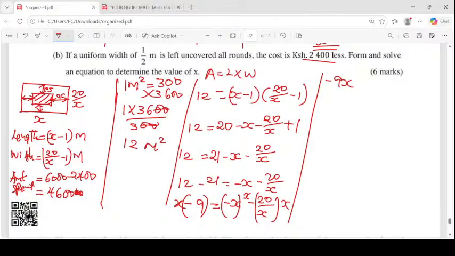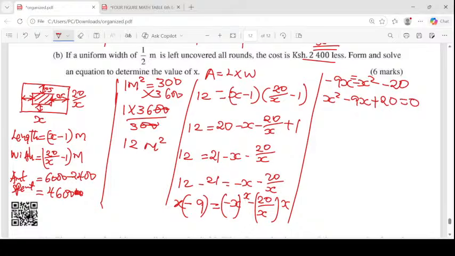Negative x times x will become minus x squared, then minus 20. So this is like saying x, I had an equal sign. x squared, when it goes there, x squared minus 9x plus 20 is equal to 0.